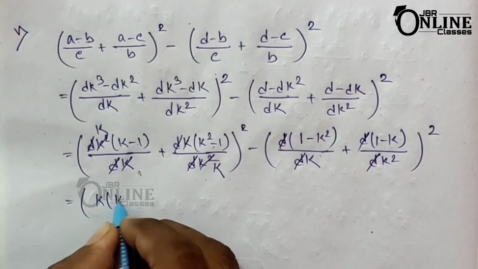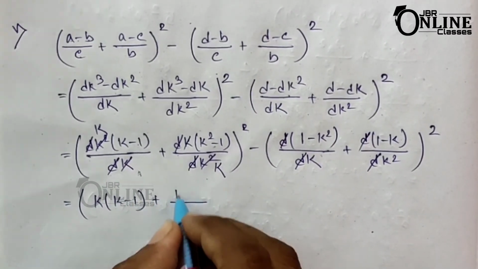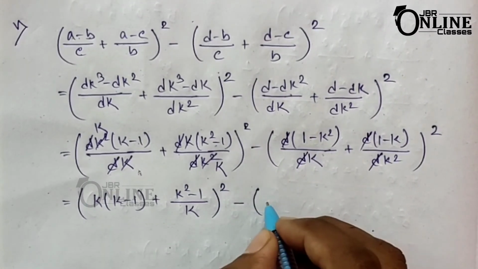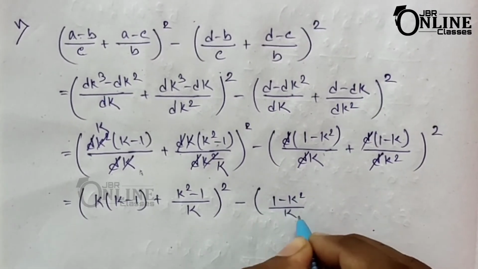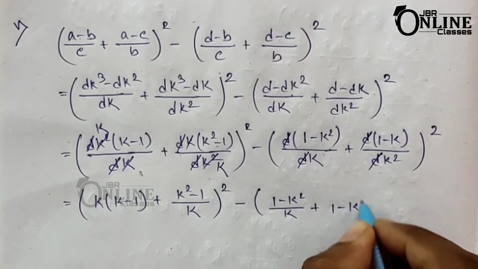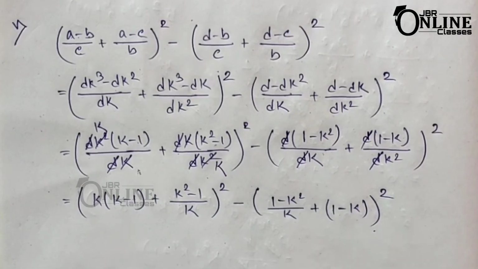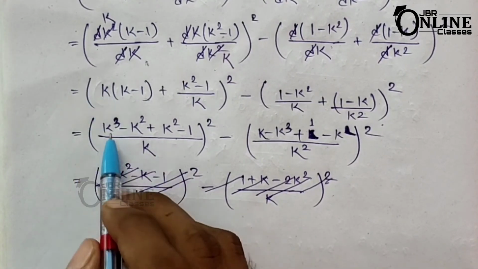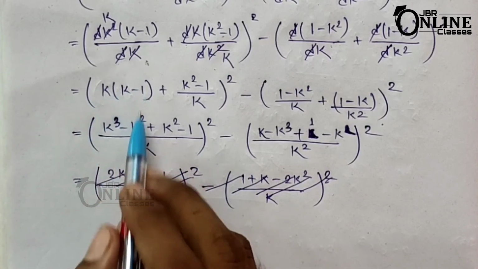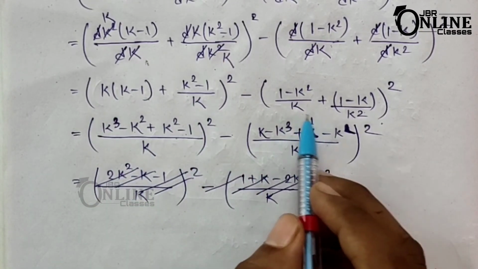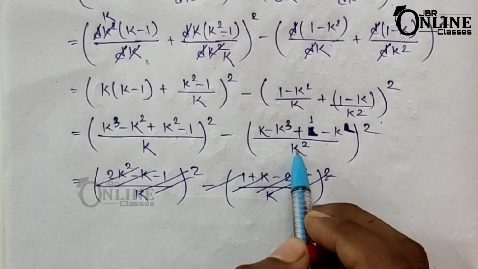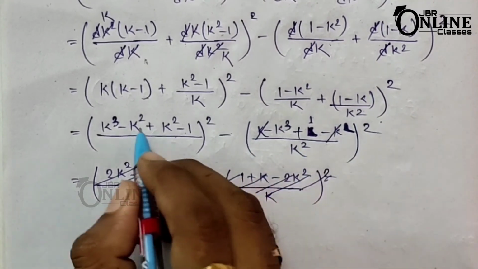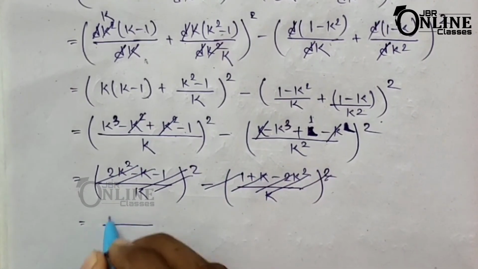So it will be k into k minus 1 plus k square minus 1 by k, whole square, and then 1 minus k square by k plus 1 minus k, whole square. After taking the LCM, it becomes k into k, so k square, k square into k, k cube, then k square minus 1 minus k square, and k square minus 1 by k square, so k square is the LCM, and then it will be k minus k cube plus 1 minus k.